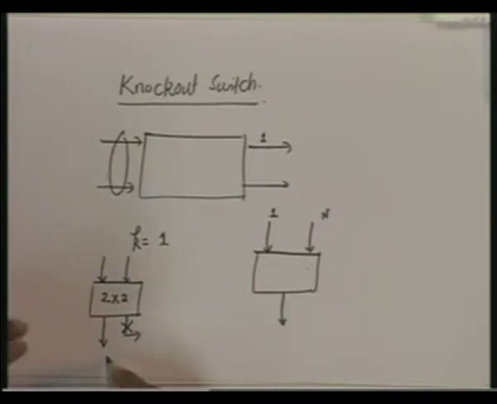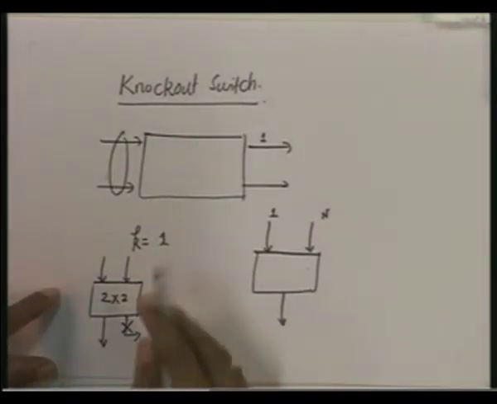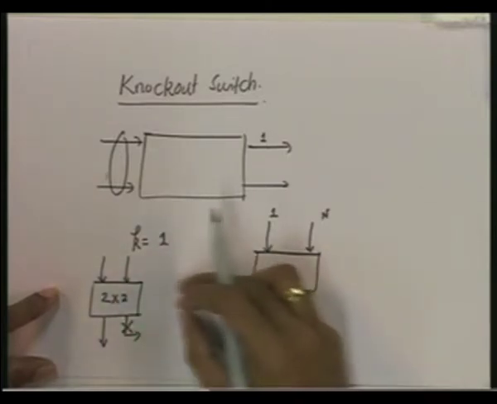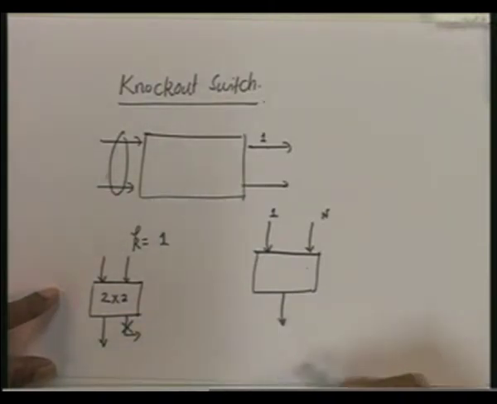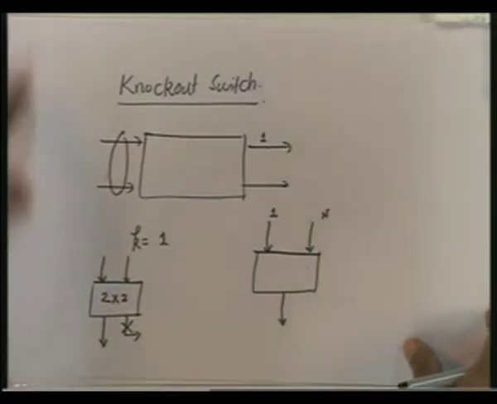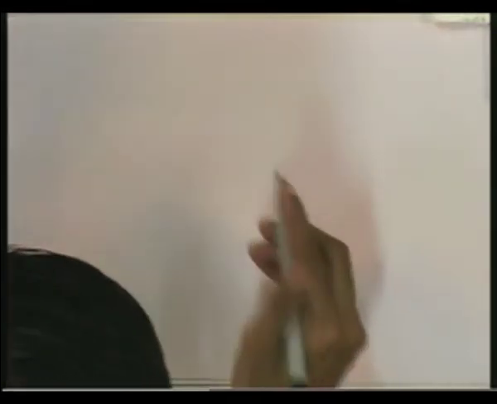So, here is the winner, and you have n by 2 such 2 by 2 concentrators. Then all the winners go into another 2 by 2 tree structure. So, this becomes a level like this. Let me explain here.